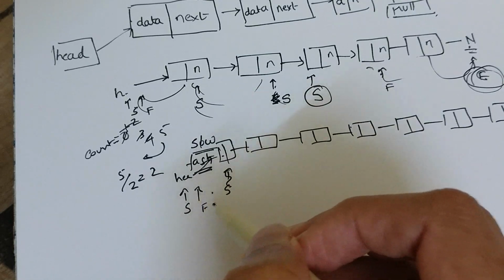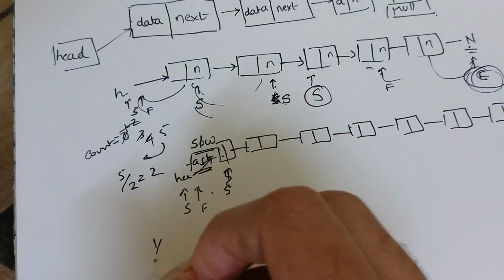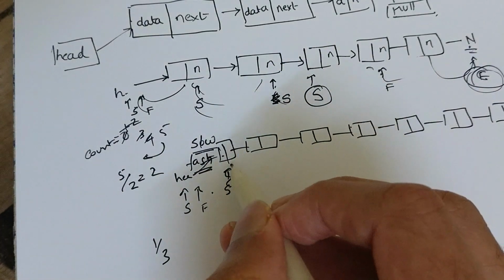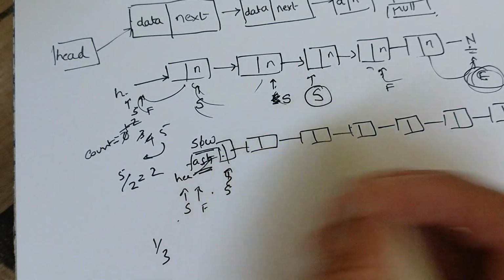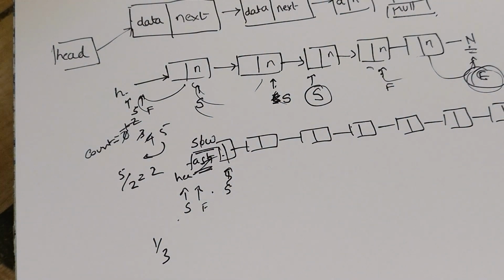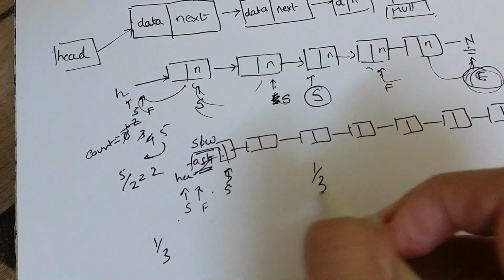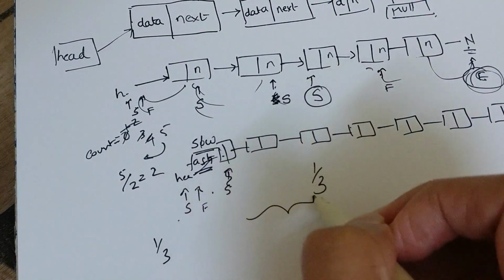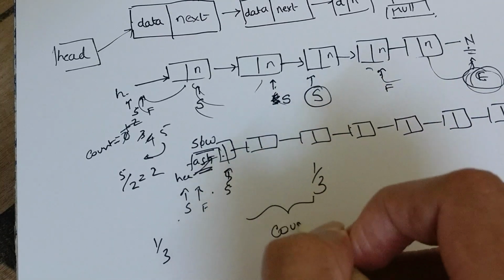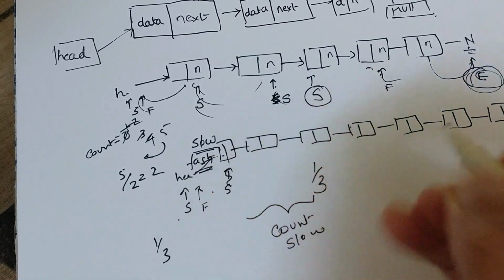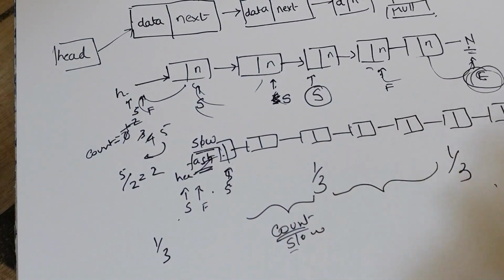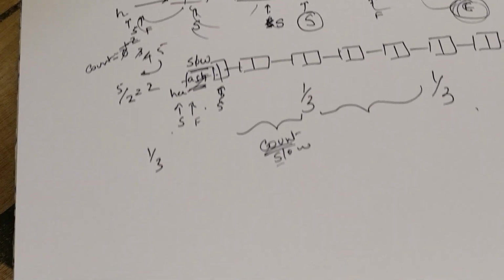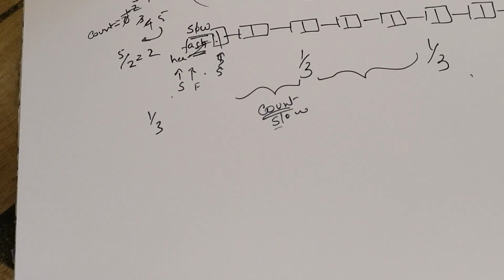I'll move fast 3 steps, while slow moves once. That will give you one third of the list, and by that time you can have a count of how many steps the slow pointer took, and take that many steps again from there. So you get another one third, something like that you can do. This is dividing into half or one third.